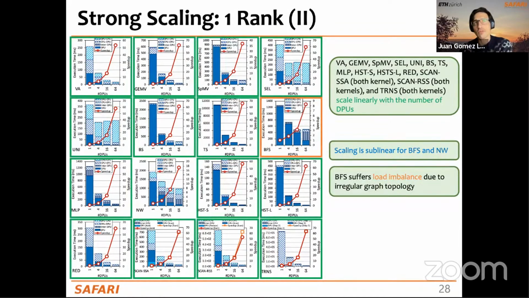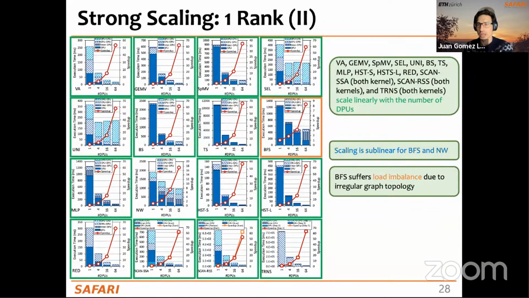In the case of BFS, the reason is that there is quite a bit of load imbalance across DPUs due to the irregular graph topology. You know that real-world graphs are usually irregular. If you think about the YouTube graph or Facebook graph, you will see that in some cases there will be users that have many connections, while other users have only very few connections, right?